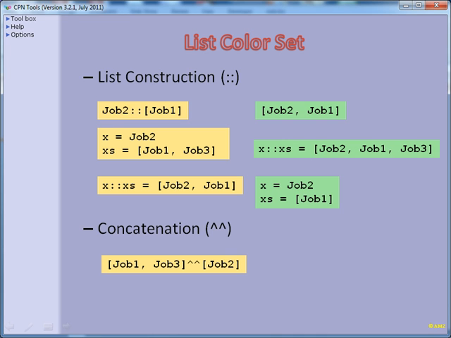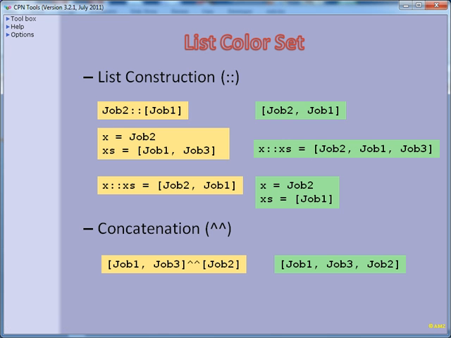So here what you see is an example where job 1, job 3, the left hand side is a list, the right hand side is also a list. When we apply this operator, the return value is the new list which combines the elements from these two lists in a single list. So the first two elements, job 1, job 3, come from the left hand side argument of this operator, and job 2 comes from the right hand side list.